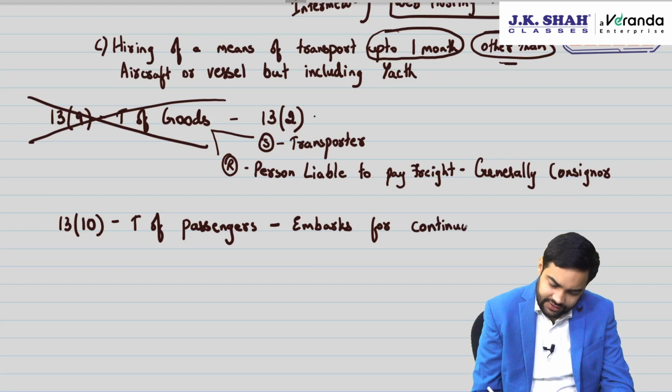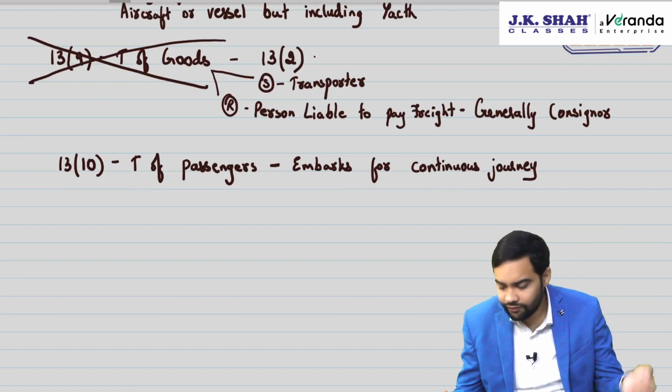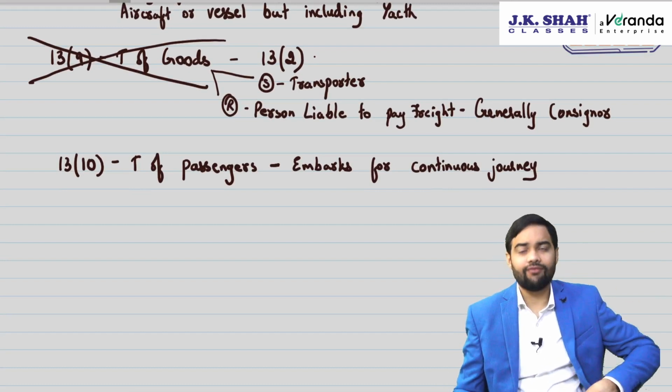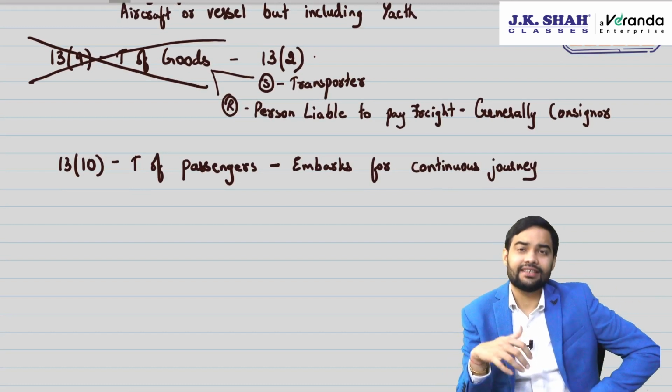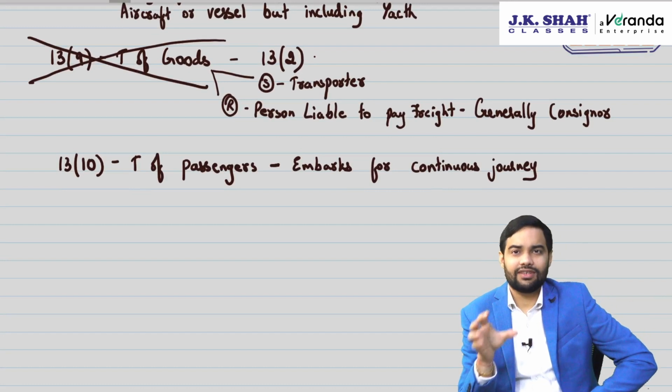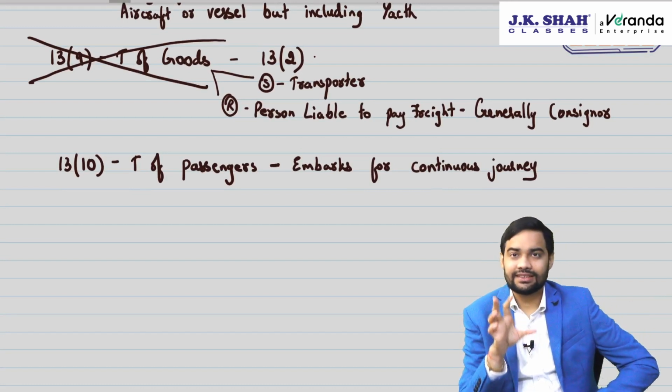And what is continuous journey, sir? Continuous journey is without a scheduled stopover. What is stopover? Stopover is where you can get down of the aircraft or you can change the flight to continue after some time. That is called a stopover.